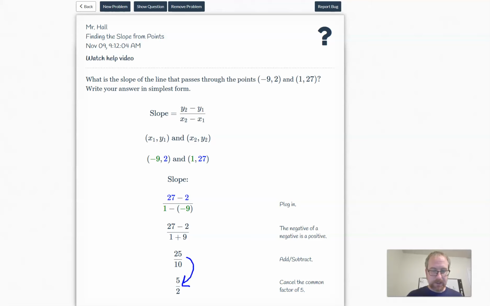Now, in fact, you can actually just have the calculator do almost the whole problem for you. You can type this part straight into the calculator and just have it get all the way to the answer for you. I'll show you how to do that: 27 minus 2 over 1 minus negative 9. Let's try that.